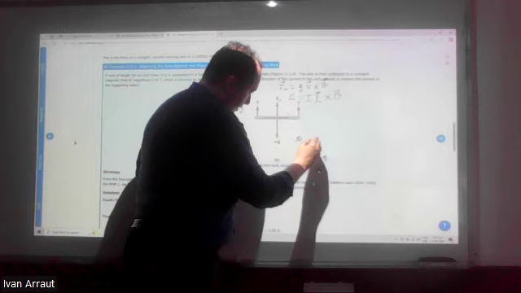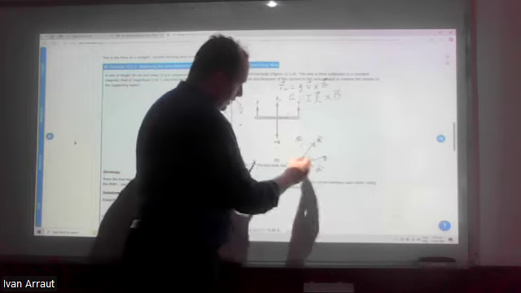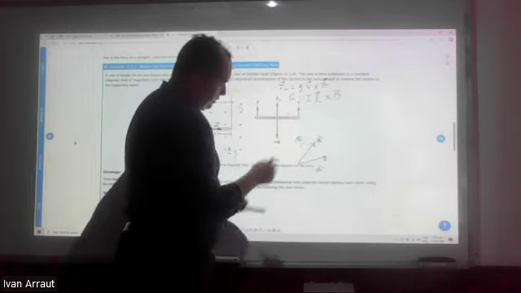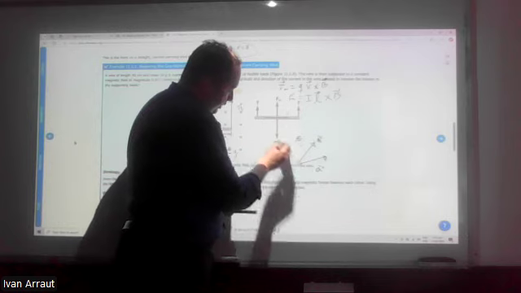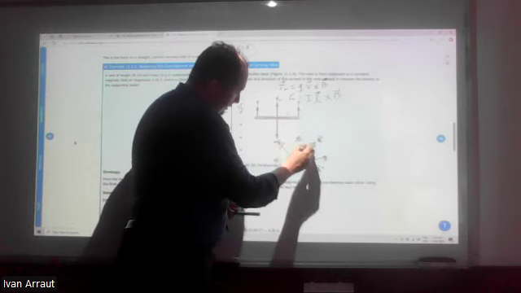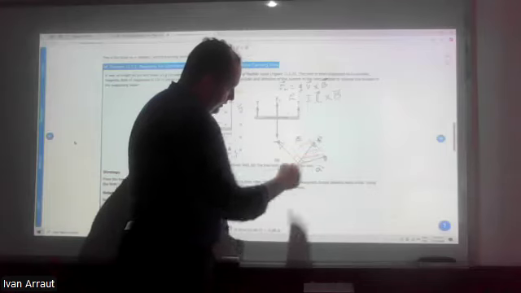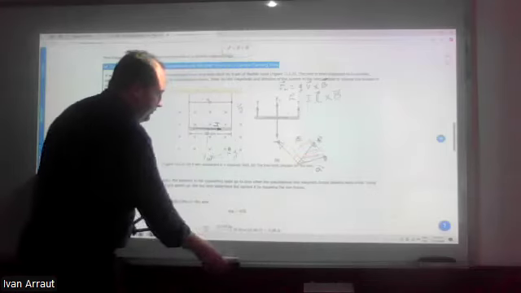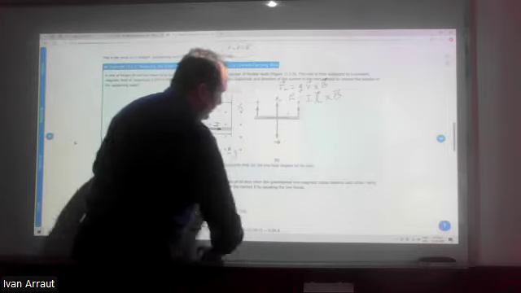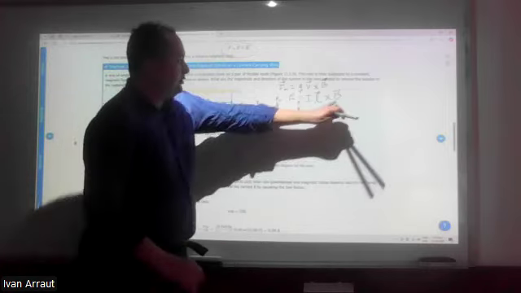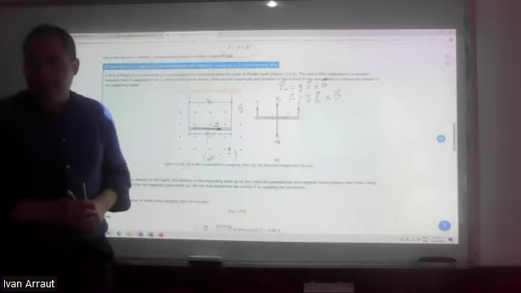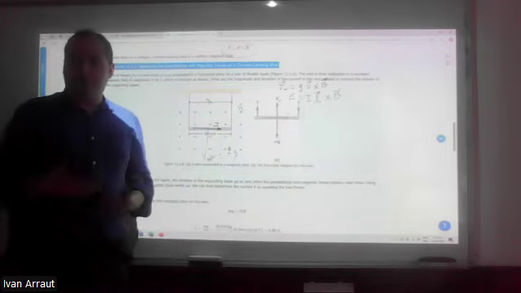Let's put the other vector B. And when you have the cross product of these two vectors, you have a third vector perpendicular to both. These two vectors generate a plane, and the third vector is perpendicular to that plane.